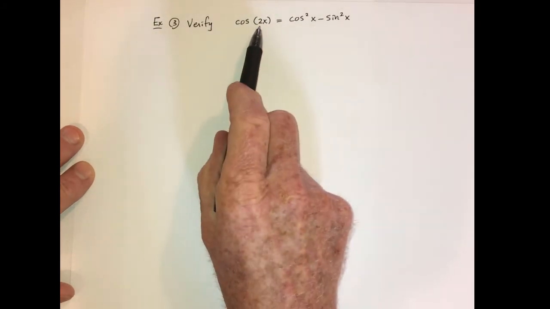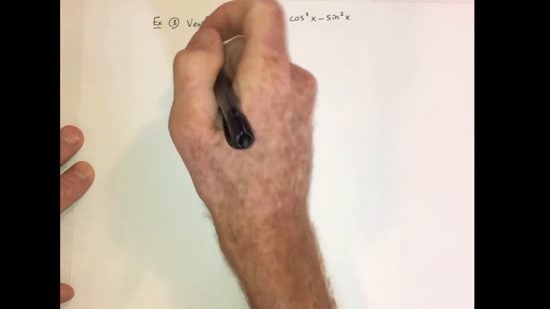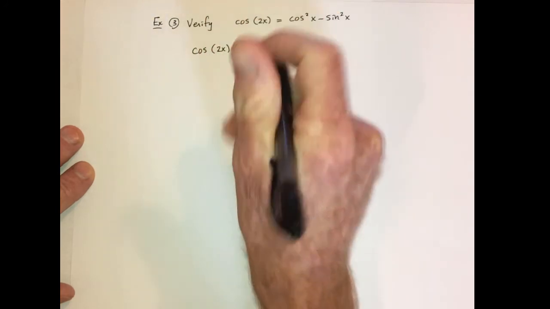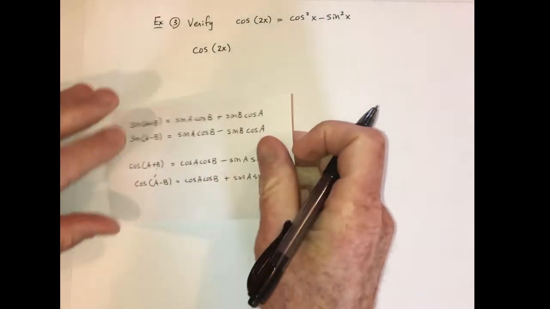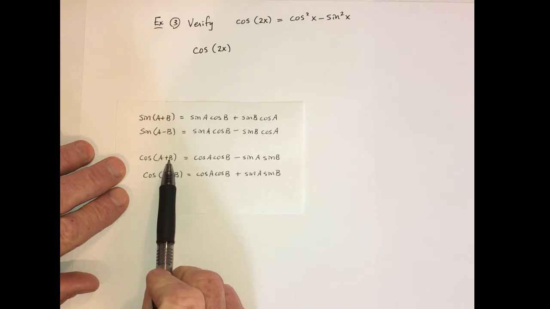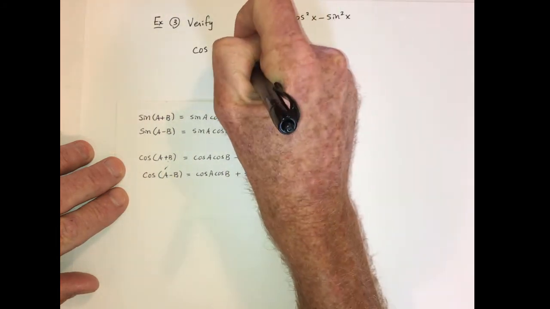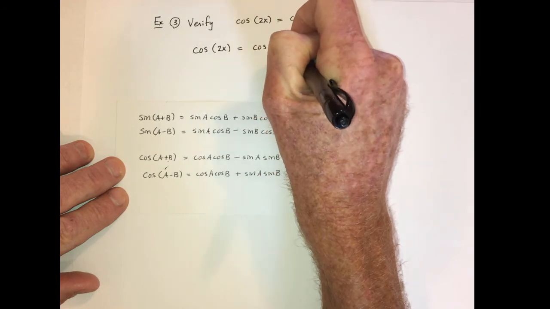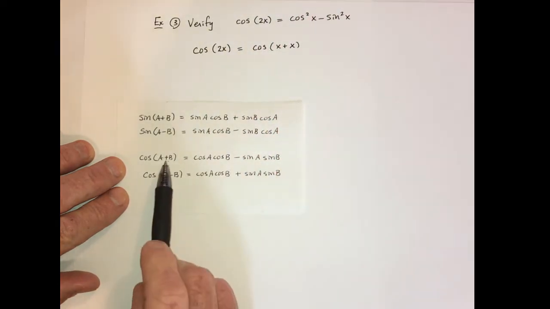And believe it or not, I'm going to start with the left side. So cosine of 2x. And knowing that I need to use one of these formulas, I think I'm going to use this one right here and just have this be x plus x. So cosine of 2x is the same thing as cosine of x plus x. That's this part, x plus x.